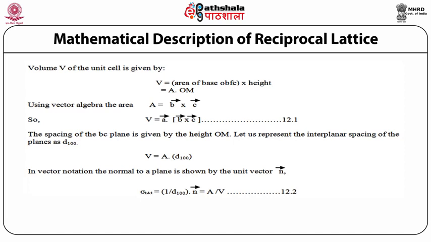The spacing of the BC plane is given by the height OM. Let us represent the interplanar spacing of the plane as d100. So V will be equal to A into d100. In vector notation, the normal to a plane is shown by the unit vector n. Sigma_hkl is equal to 1 upon d100 into n vector, which is equal to A by V, given as equation 12.2.